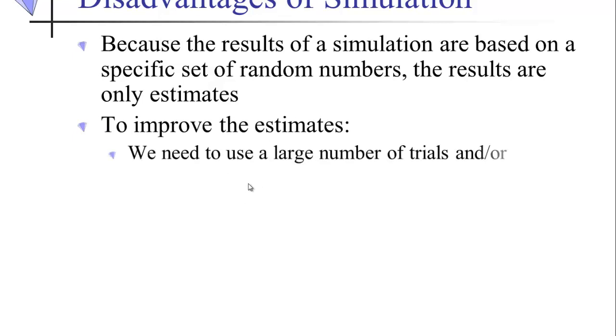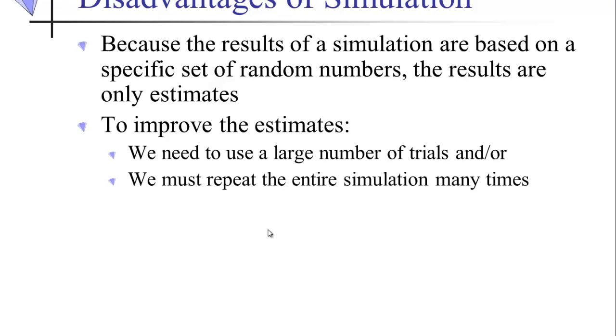To improve the estimates, we need to use a large number of trials and/or we must repeat the entire simulation many times. That's a fact. As a matter of fact, I will tell you this: as you build your models, there are two types, the current state and the future state. The future state is actually quite easy.